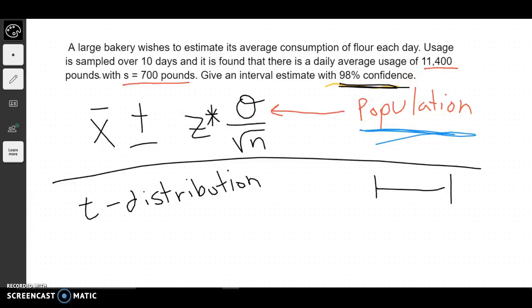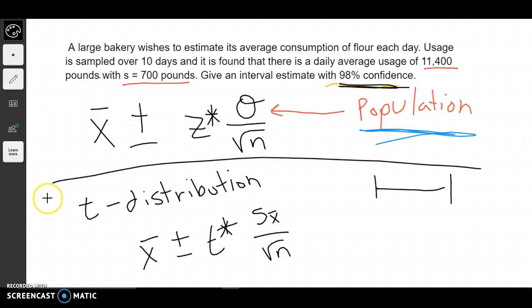So it actually increases the width of the confidence interval. It works the exact same way as before. But instead of having a z star here, we're going to have a t star. And instead of putting the population standard deviation, we're going to put the sample standard deviation over the square root of n.